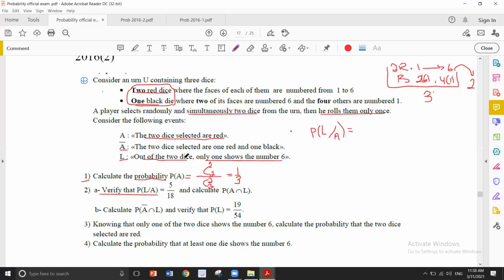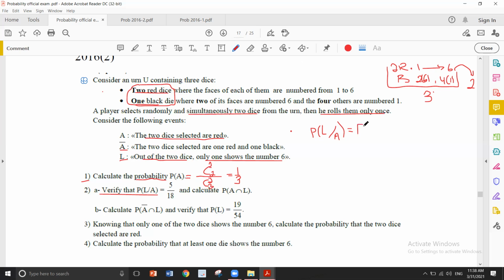L, we get only one 6. How to get only one 6 when I roll the 2 dice?